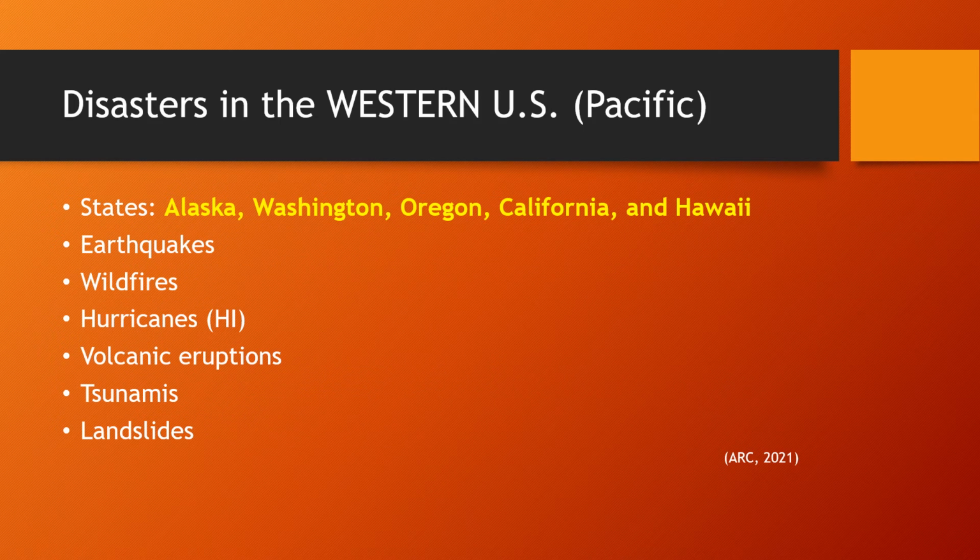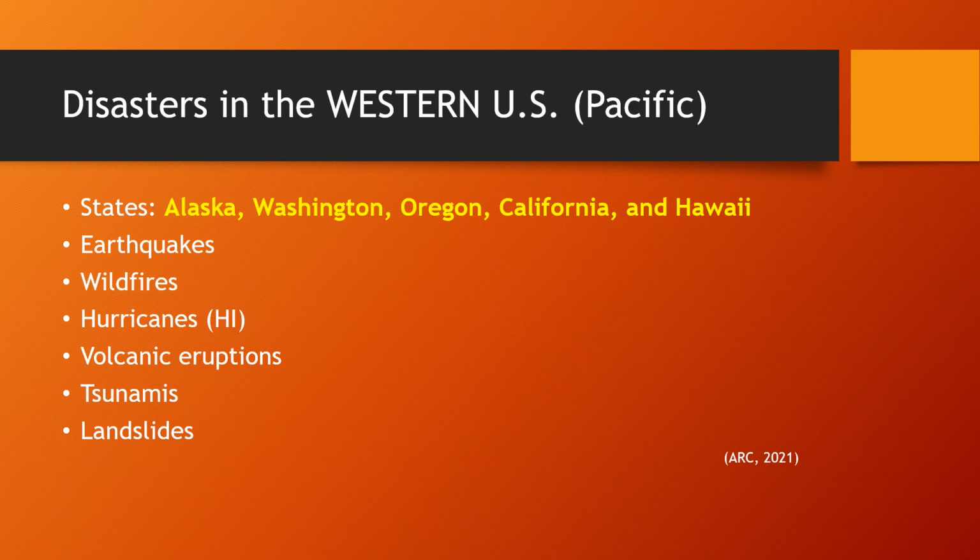Let's go over the disasters in the U.S. and we'll start with the Western U.S. The states included in this are Alaska, Washington, Oregon, California, and Hawaii. These states are most prone to earthquakes, wildfires.